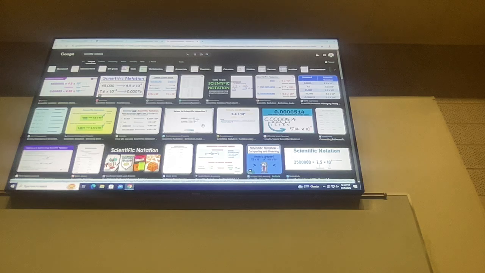And so if I move 3 times to the left, that's dividing by what? You're not dividing 3 times, you're dividing by 1,000.